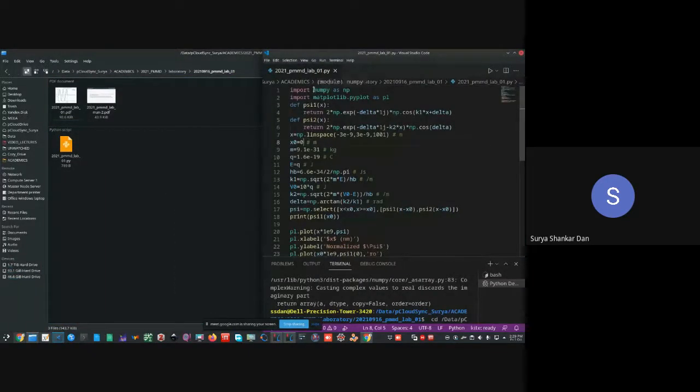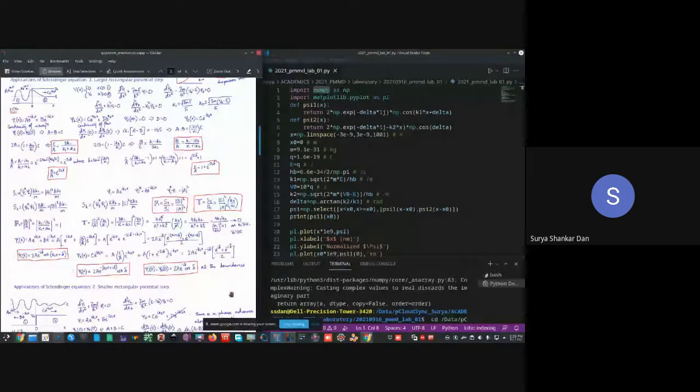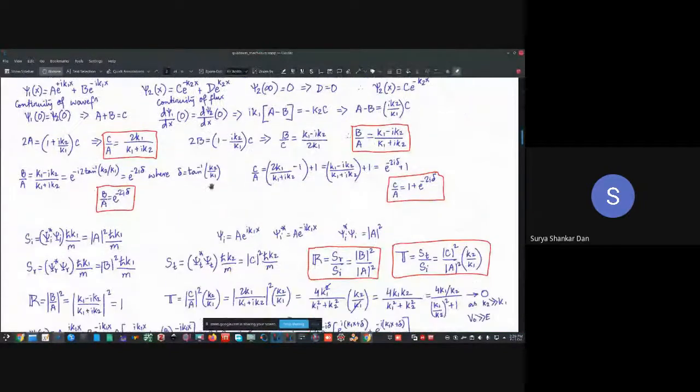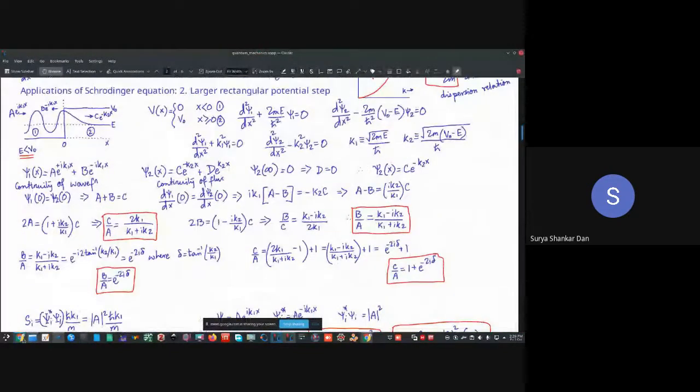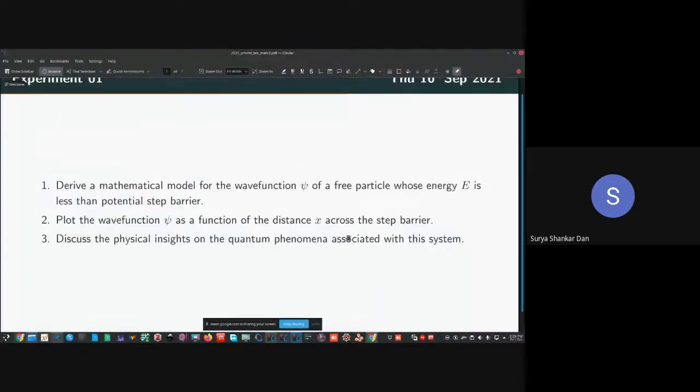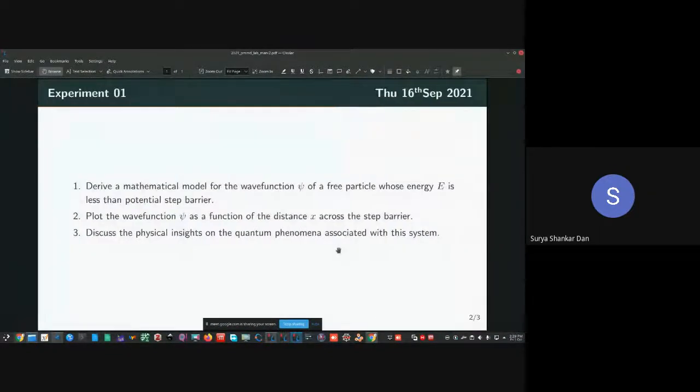So here, notice, when I asked you to write the program, this was the problem given to you: derive or develop a mathematical model for this.